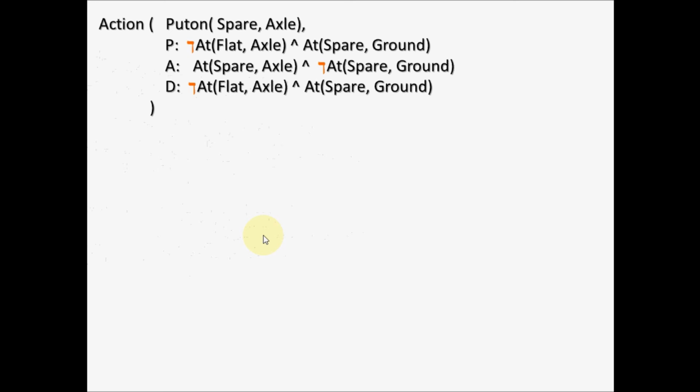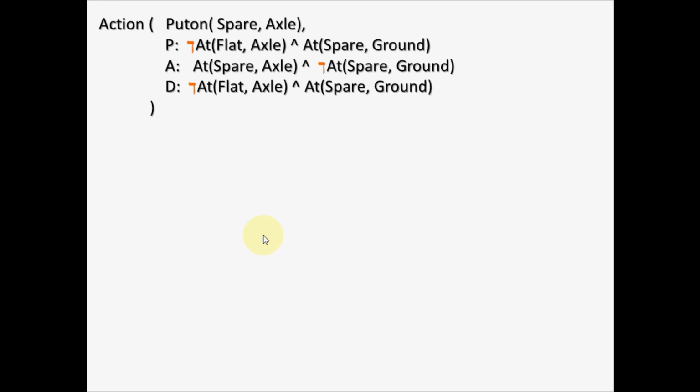The third action is the put on action. Put on means what? Now that the spare tire is removed from the trunk and the flat tire is removed from the axle, you are putting it onto the axle. So I've just used a predicate called put on. Before you start writing the STRIPS representation, you have to write that I'm assuming a predicate called put on which will do so and so thing.